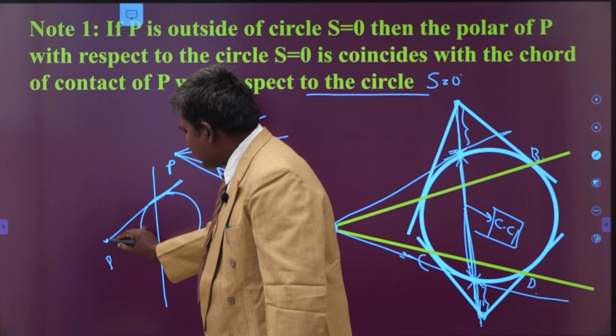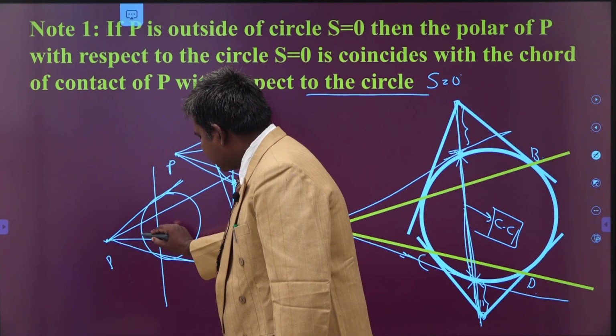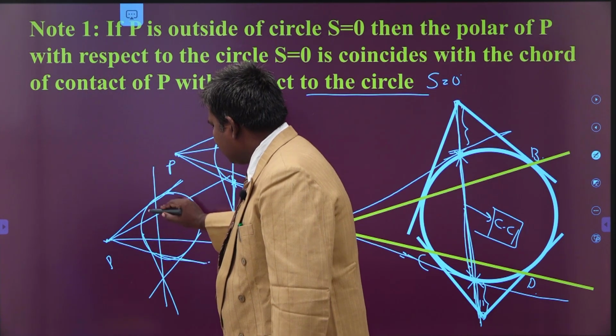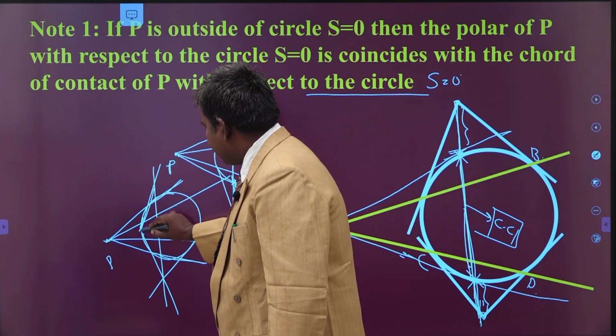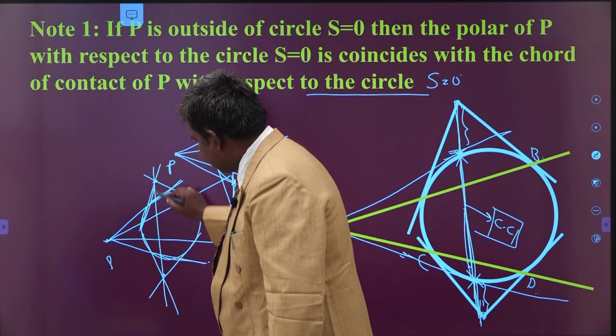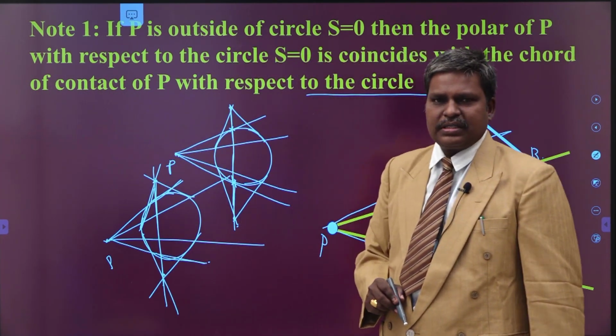Can you draw the polar now itself? You draw the secant lines through the point P. Draw the tangents at the extremities of chords. They meet in this manner. This is another chord. You draw the tangents at these points. So you get these points of intersection. So your polar coincides with my polar. Understand?